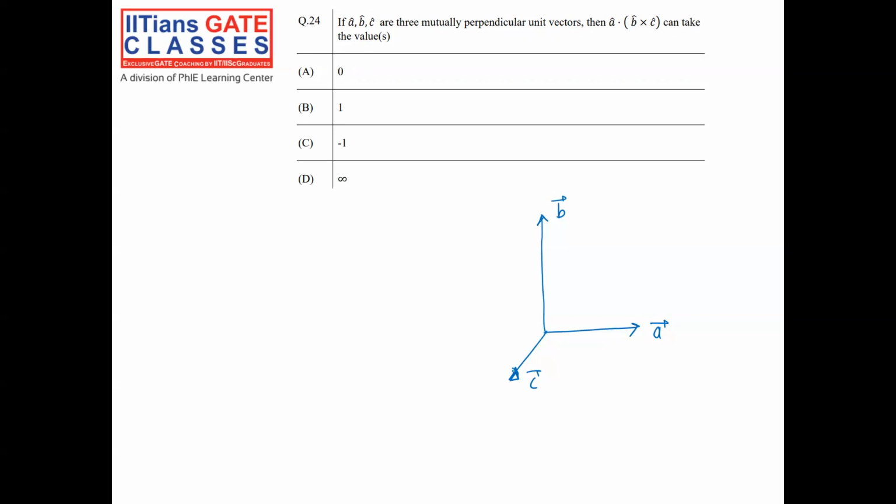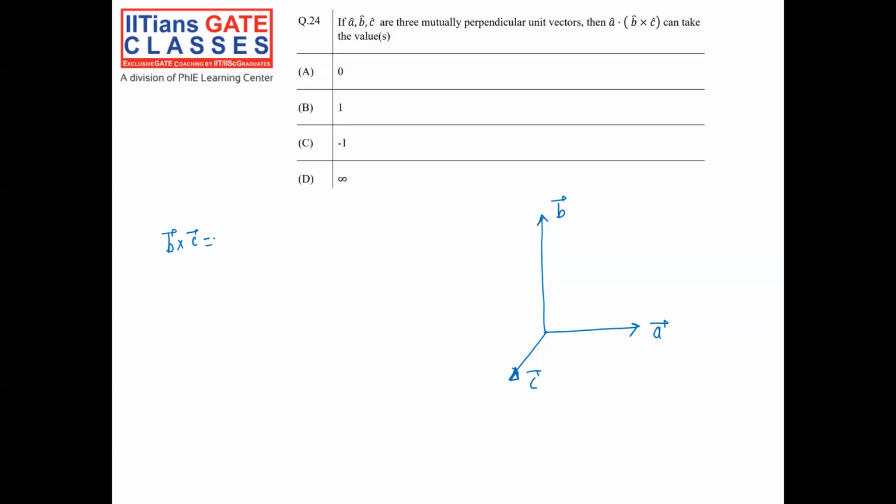Whenever we calculate a cross product, we know all of them are unit vectors. So b bar cross c bar can be written as mod of b into mod of c into sine of theta. Ultimately both the vectors are unit vectors, so their magnitude is 1 and the angle between them is 90 degrees, so sine of theta will be 1.